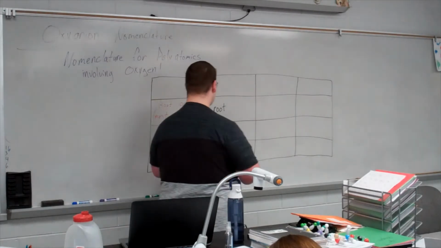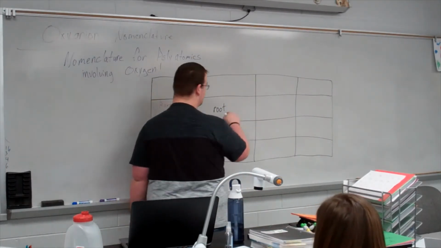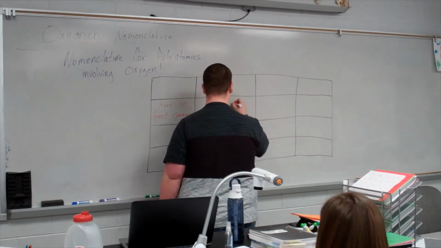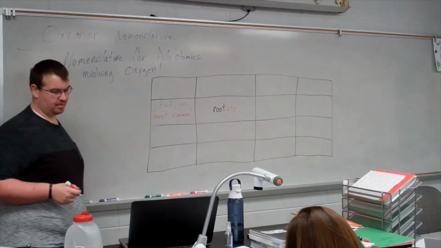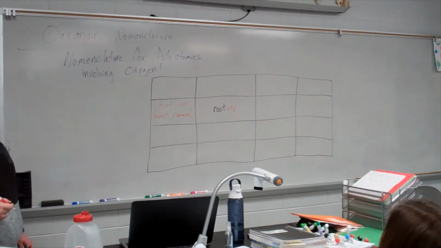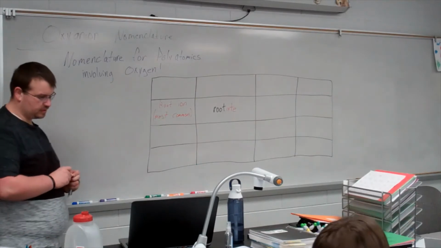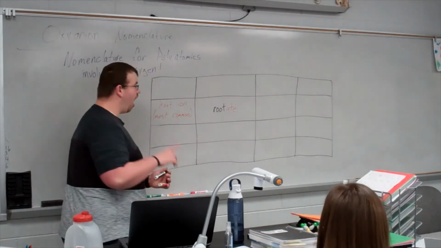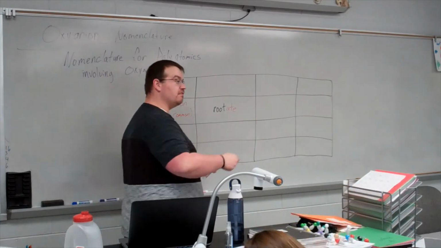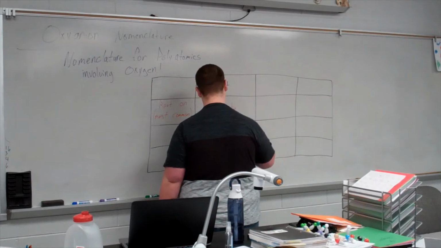With this, for the root ion, it's root-ATE. ATE goes at the end. Now, all of these have the root involved in it. So every one of them has the root.